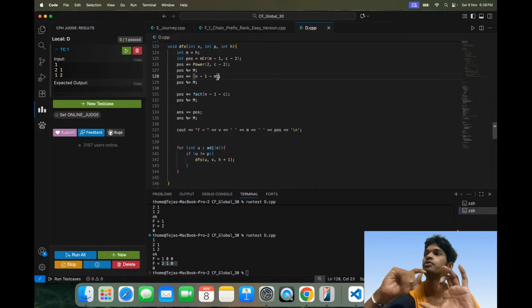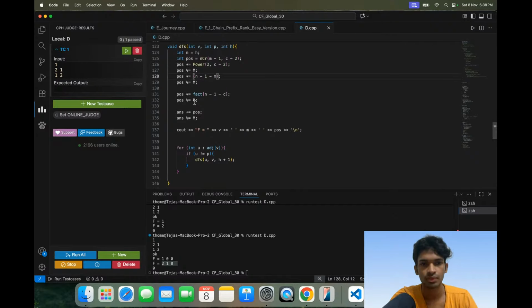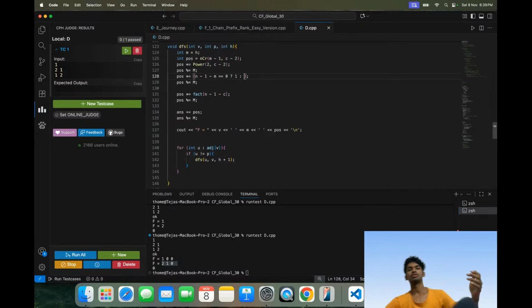Okay, I thought C must be placed. So, how to update this to that? If outside edges are 0, then it is 1 because you're fine already, right? And then, because of C plus 1, this can be negative sometimes.